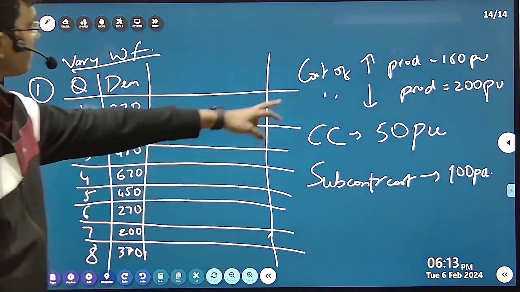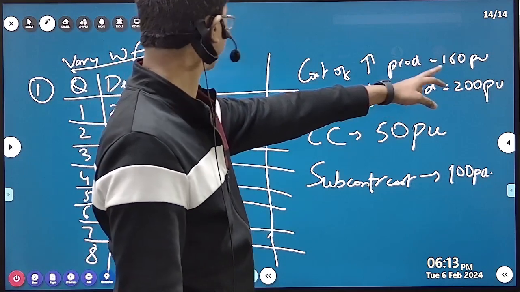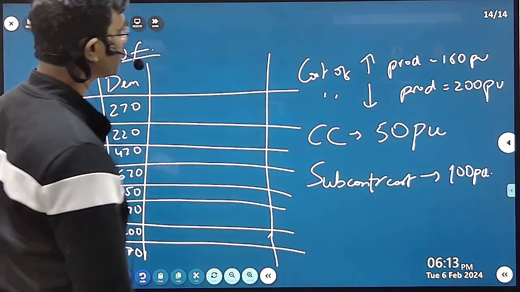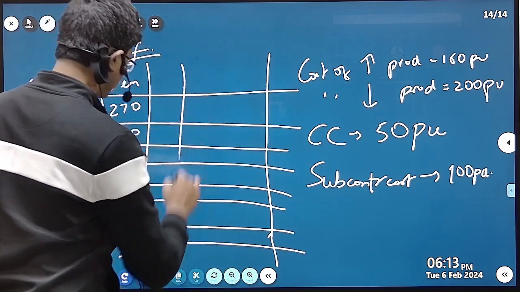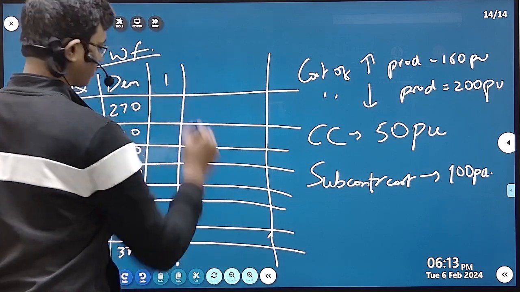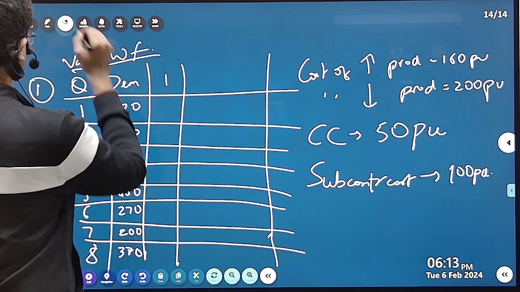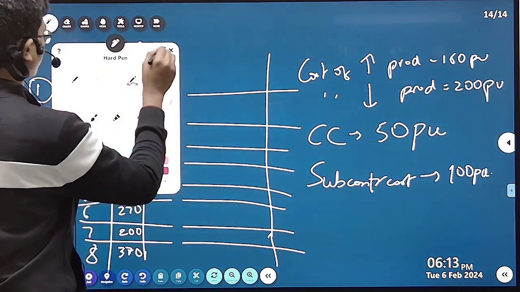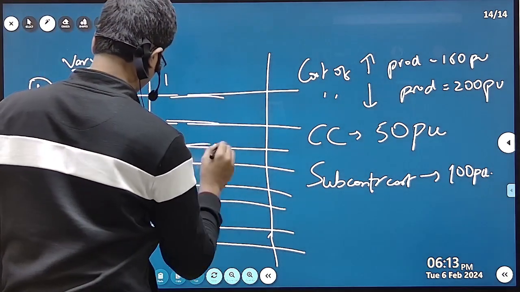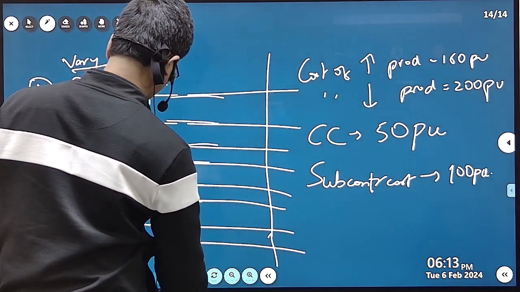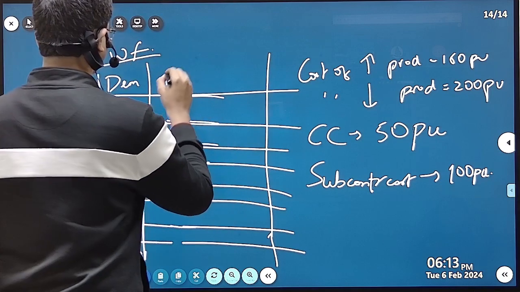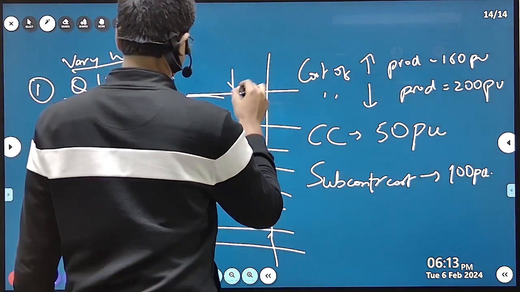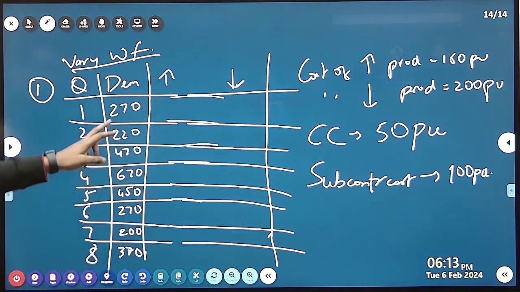Okay. He has given us cost of increase of production is 150 per unit, and cost of decrease of production is 200 per unit. Okay. So let us calculate for increase, and then for decrease here. Okay. So we start off with 270.